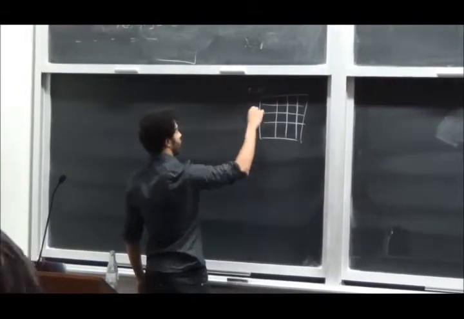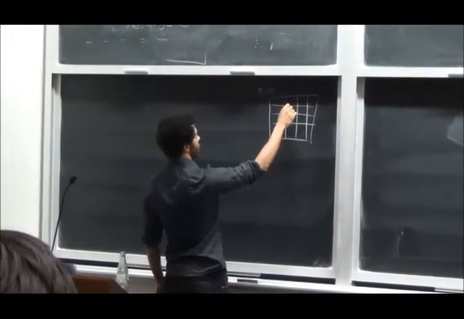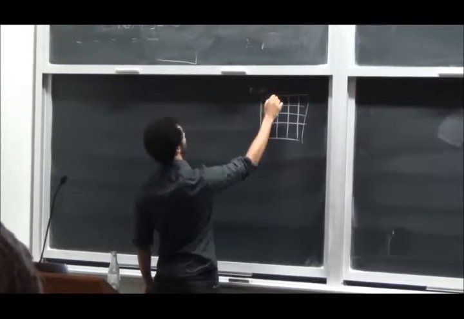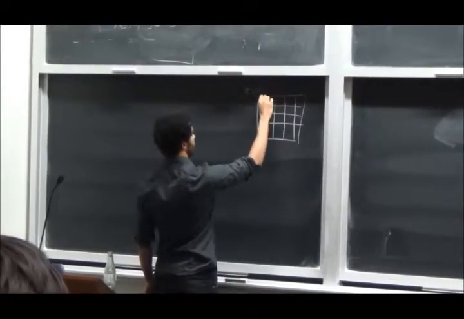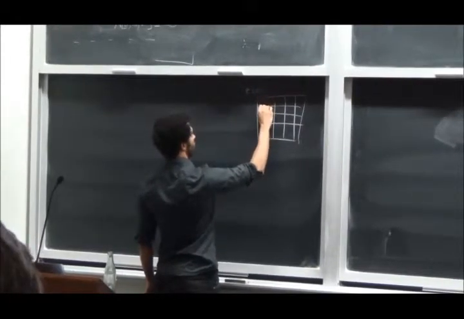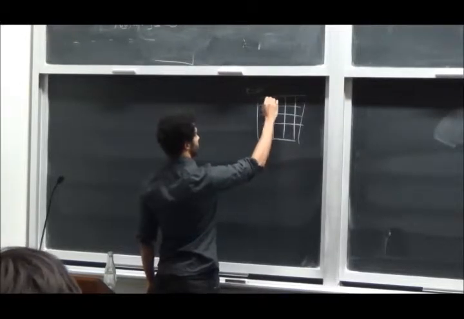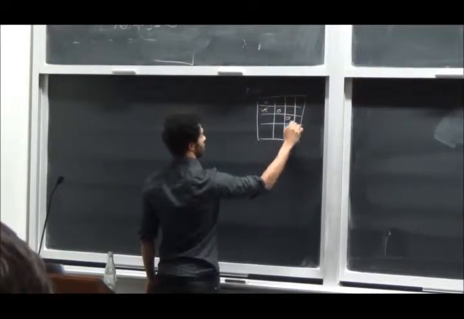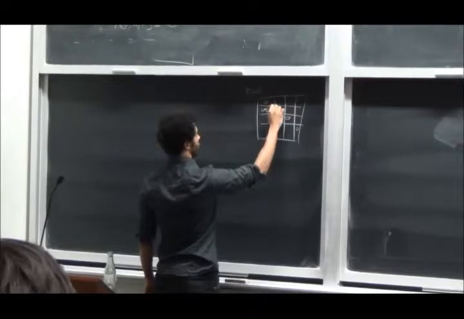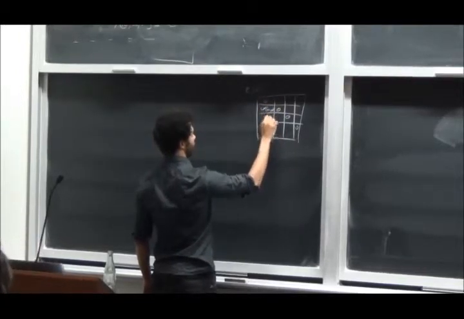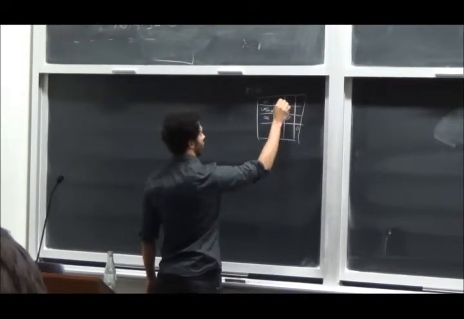For each u and v combination, you're going to have either the weight of uv, right, in each cell. This is going to be zeros. You have either the weight of uv or infinity for all cells, right?